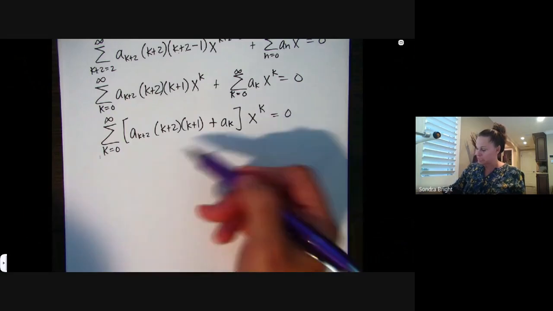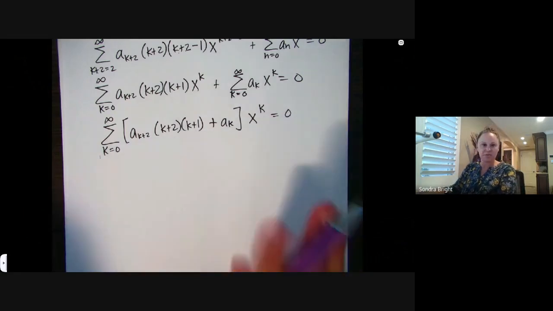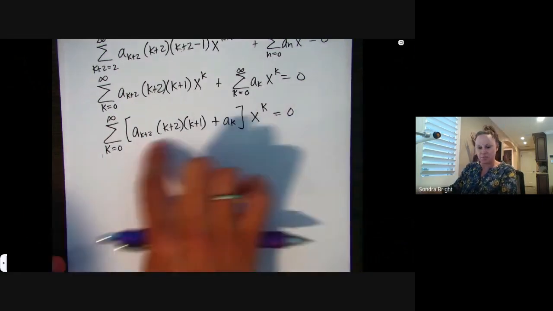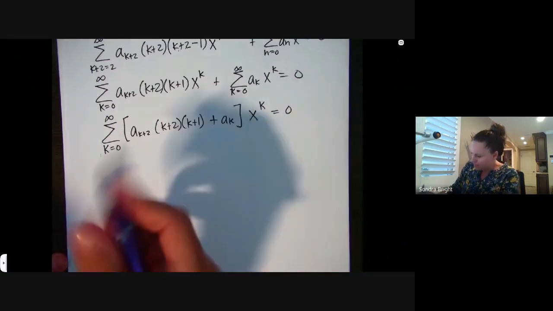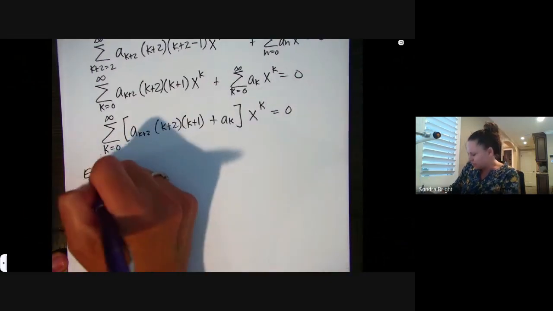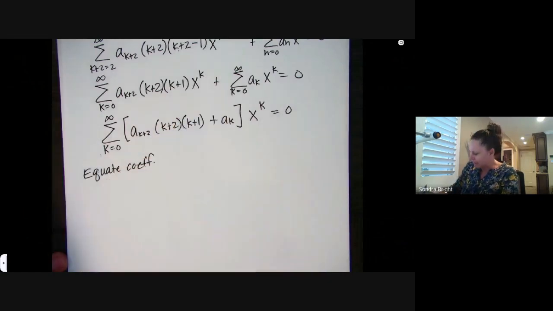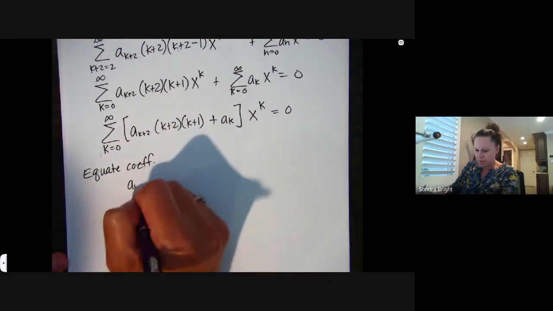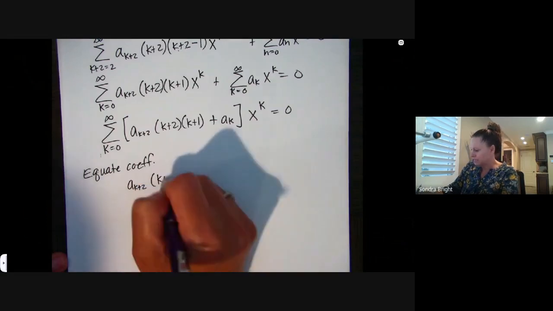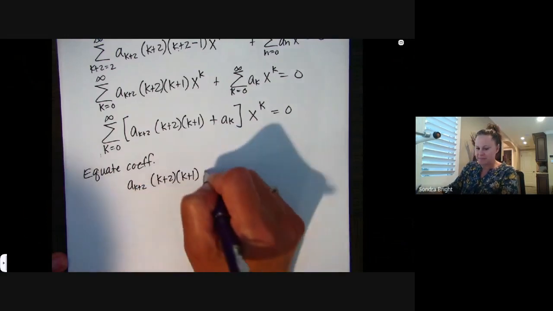But we have it equal to 0. So we equate coefficients, and that is a sub k plus 2 times k plus 2 times k plus 1 plus a sub k must equal 0.